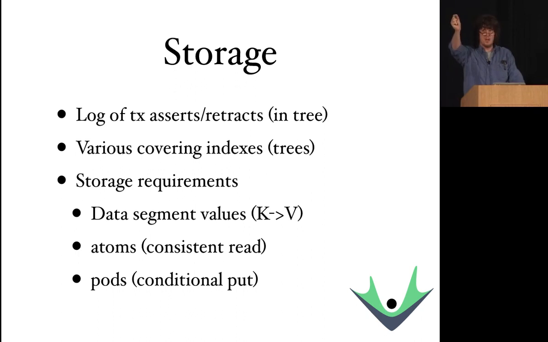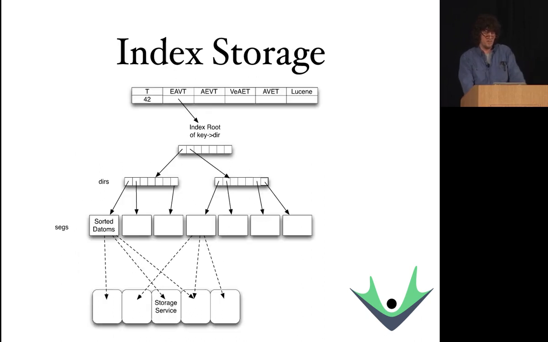They build up a tail, and only when the tail is full do they pay the cost of merging it into the tree. So you need something like that, and in order to do that, potentially safely from dealing with multiple transactors succeeding each other, you need conditional put. This is something that DynamoDB has. It's something I'm looking forward to being present in more of the key value stores so that we can work on top of more of those.